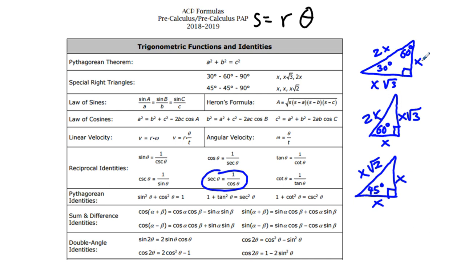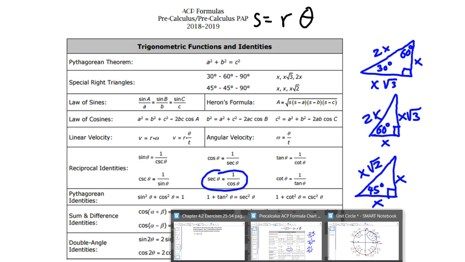How about if we have x over square root of 3? So let's try 30 degrees. So we're kind of just looking at it and figuring out what it is.